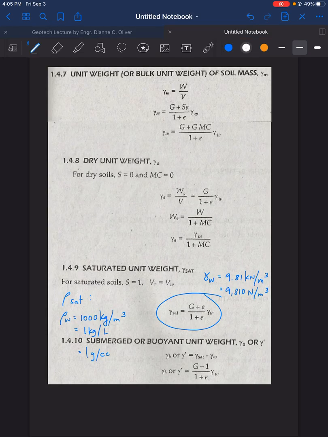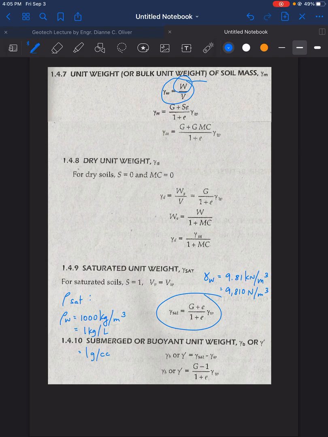Remember here that for gamma we have weight over volume. Now it depends on the situation. If you're looking for the gamma moist, of course the weight of the soil here is the moist weight.